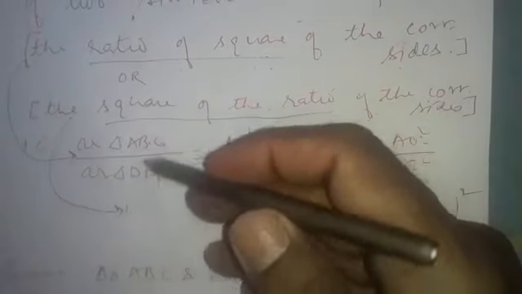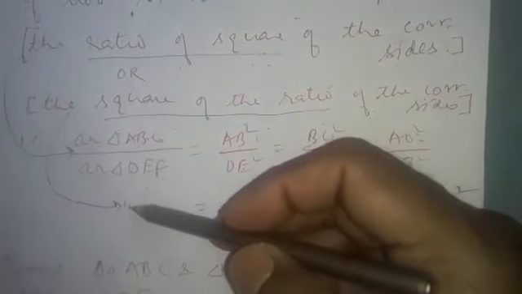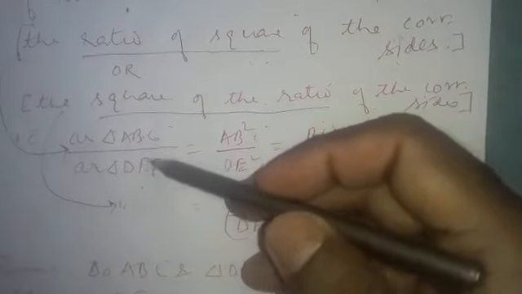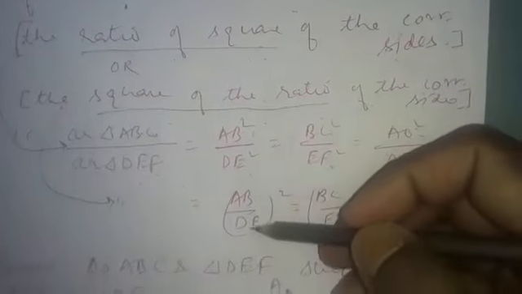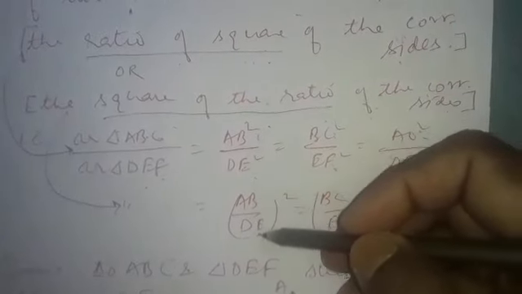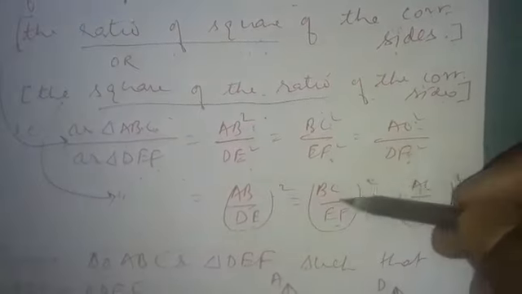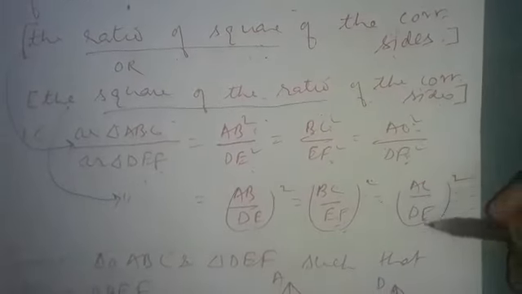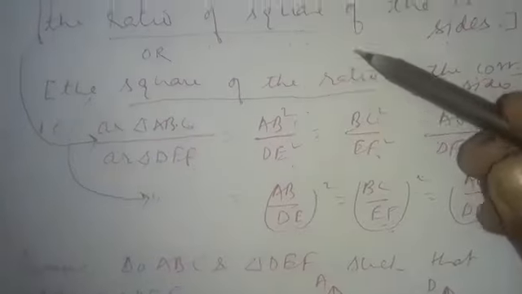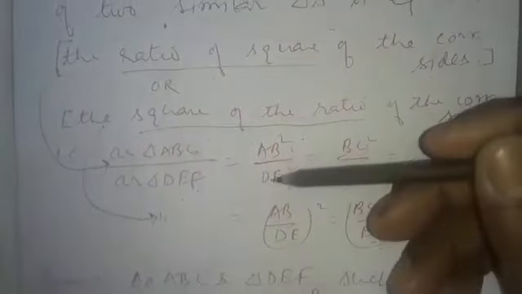Or we can prove that the ratio of areas of triangle ABC and triangle DEF is equal to (AB by DE) whole square, is equal to (BC by EF) whole square, is equal to (AC by DF) whole square. Both are the same, so whatever statement you write, you will solve accordingly.